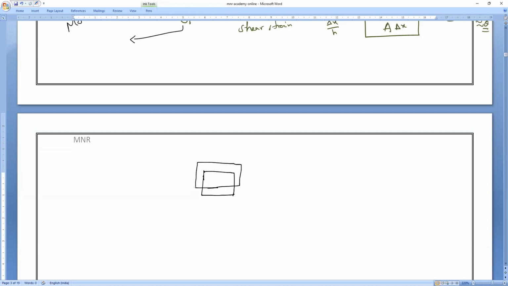According to the question, what are they saying? 50 centimeter is the side. Do you understand, everybody? And what is the width? Anybody can tell? The width of this is equal to 10 centimeter. Understand, brothers?